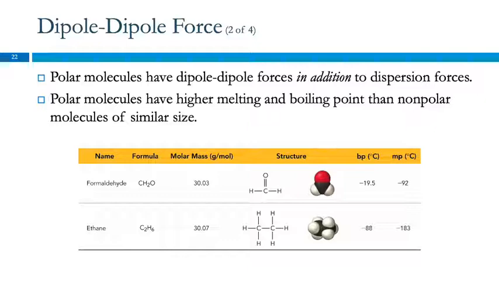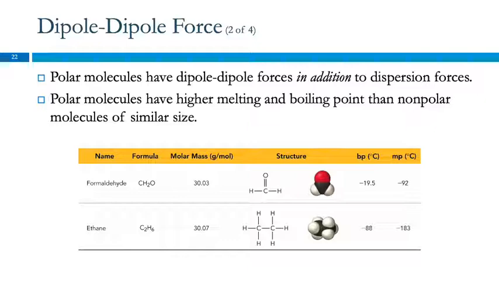You have a question? Also, if a molecule is bigger, it has a higher boiling point, and you're saying a polar one also has a higher boiling point. Yes. So we have 2 factors here. The size of the molecule affects the strength of the dispersion force.